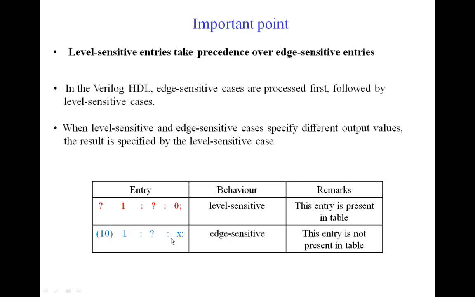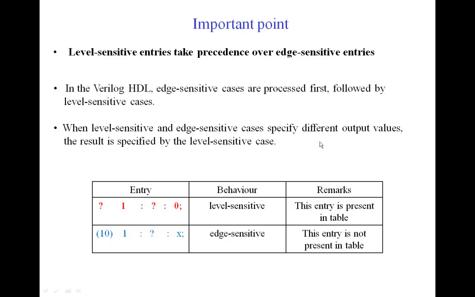Since this is not there in a table entry, but according to the design of the compiler, edge sensitive cases will be processed first. So it will process this, but it will return an unknown value x because this case is not there. Then it will process the level sensitive case. This case we have stated, so it will return a value 0.